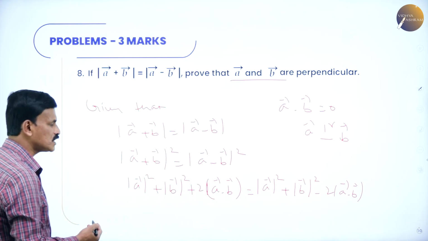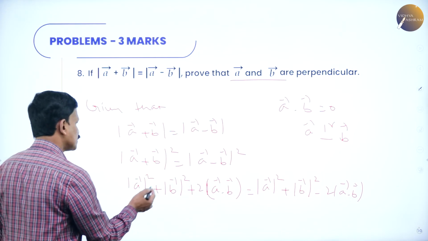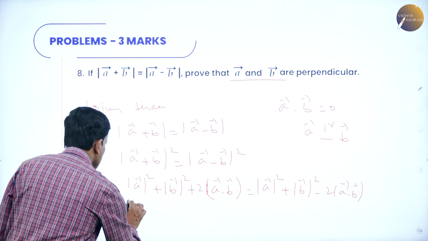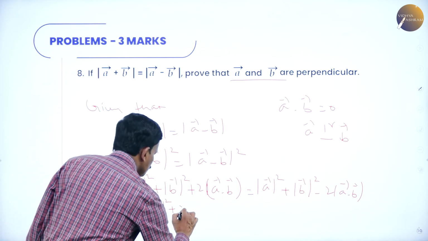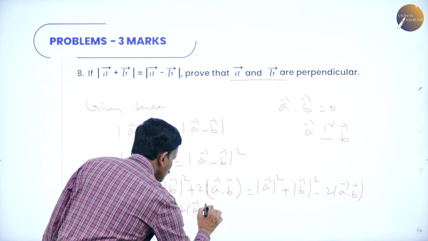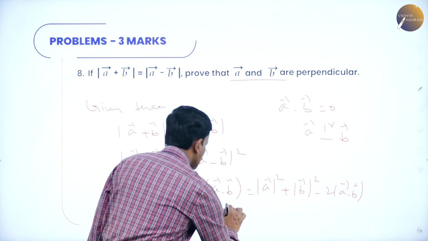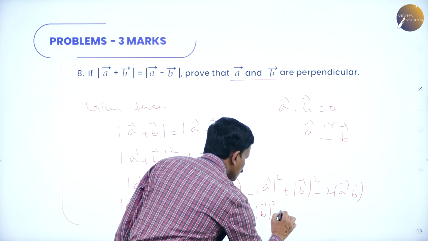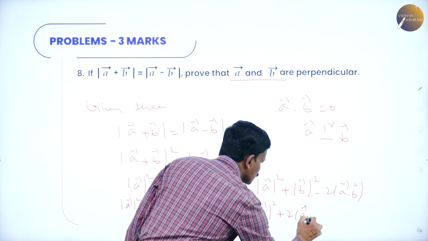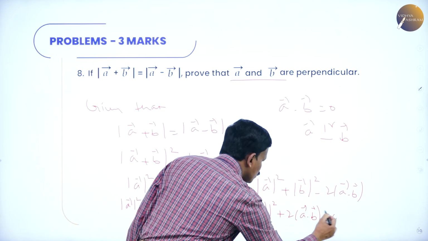Transfer this to the left hand side. So this can also be written as, if I transfer this, this becomes length of a square plus length of b square plus 2 times a dot b minus length of vector a square minus length of vector b square plus 2 times a dot b is equal to 0.